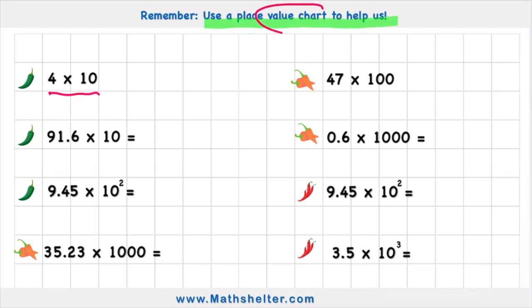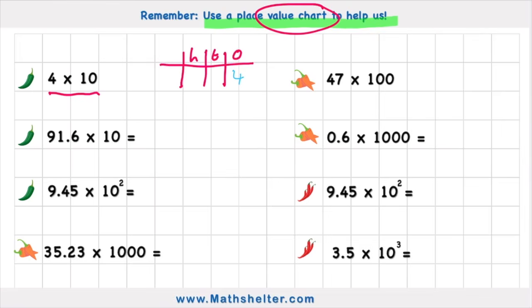Well, what does it mean to use a place value chart to help us? Well, I can simply create a little chart next to where I'm working, and I can have my ones, my tens, and my hundreds. And obviously at the moment I have 4 multiplied by 10, so I'd put 4 in my place value chart as 4 ones.